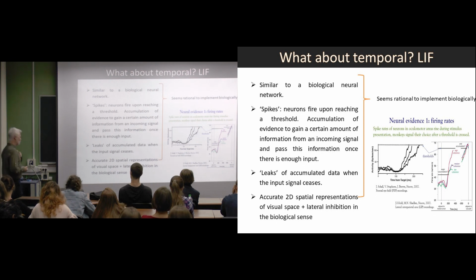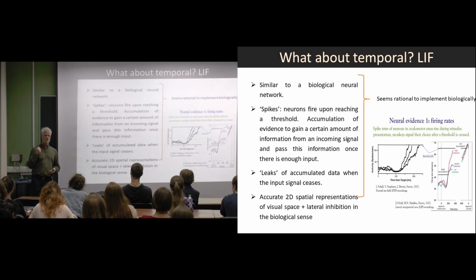This is a wonderful neural-level model that mimics how neurons accumulate information, spike and fire based on input. We can look at EEG data and single cell recordings, and all of these models do a beautiful job of predicting how neurons gather information and fire based on input.